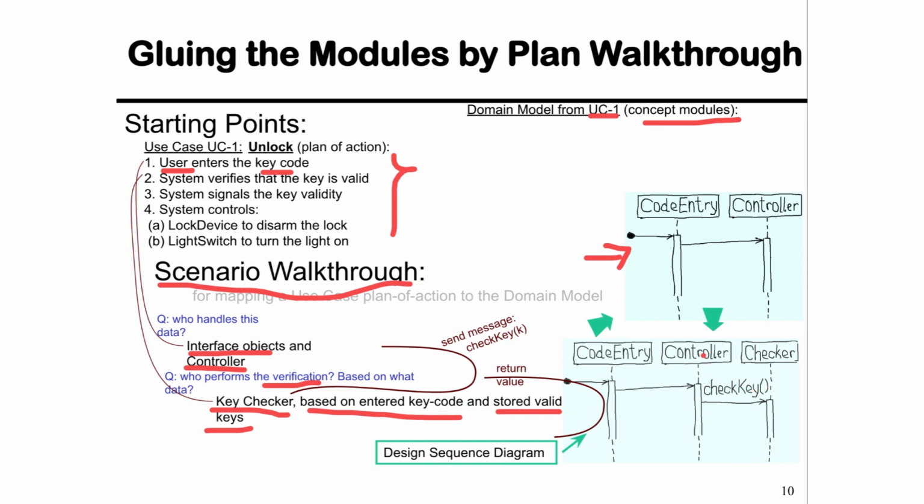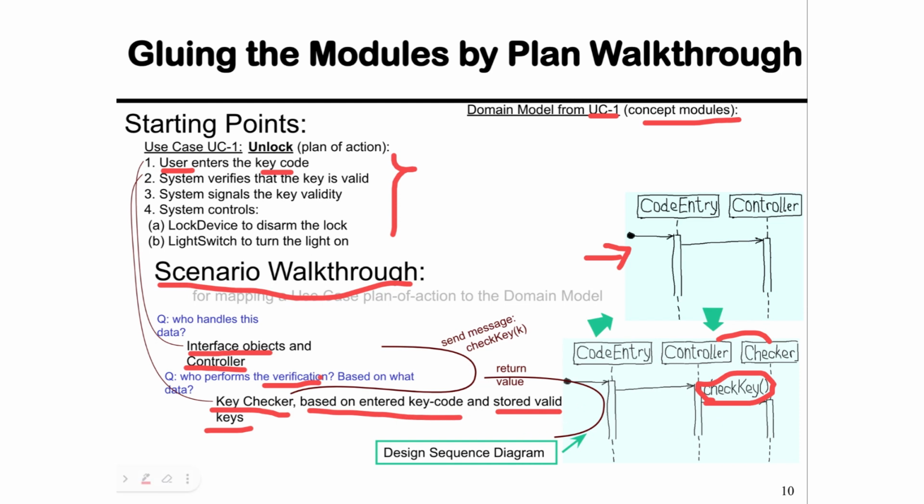For instance, the communication between a checker and a controller object is by a method called check key, because the purpose of the checker, as we already declared in the previous slide, is to verify or check the key. Even its full name is key checker. So you will have some type of method or function for every interaction between controller and entities, or boundary objects and controllers, or objects and objects in general.